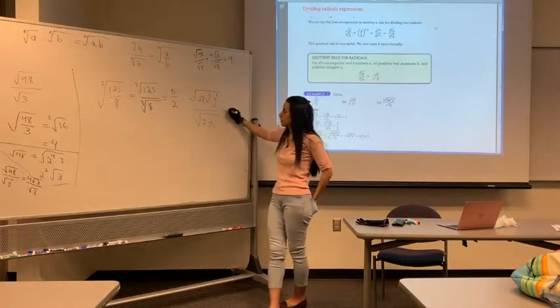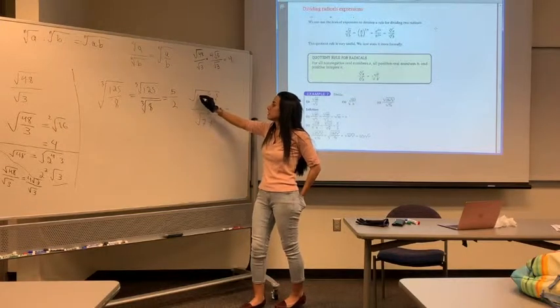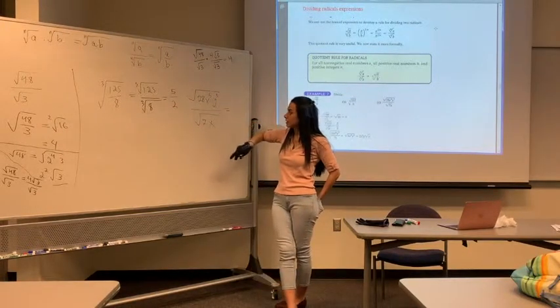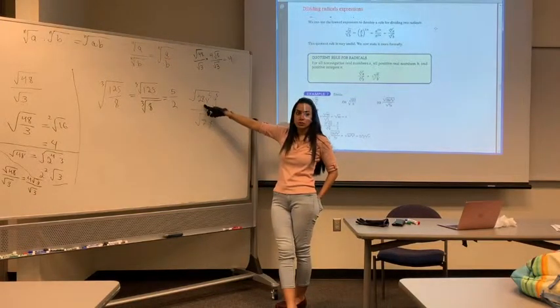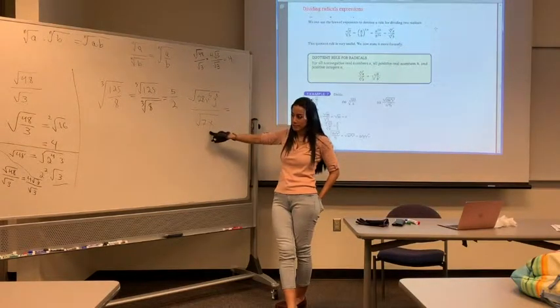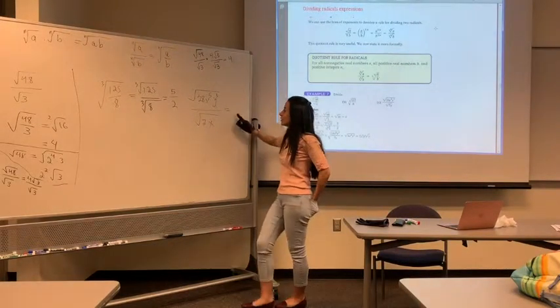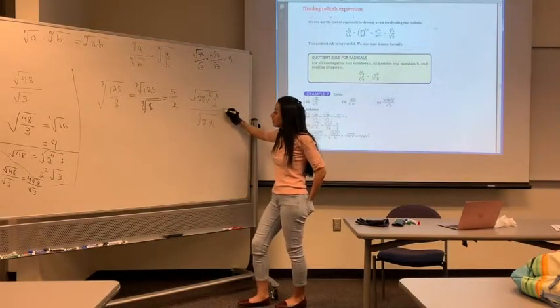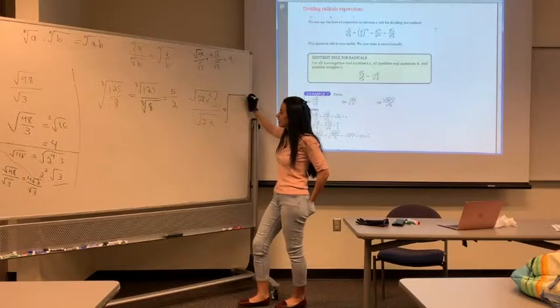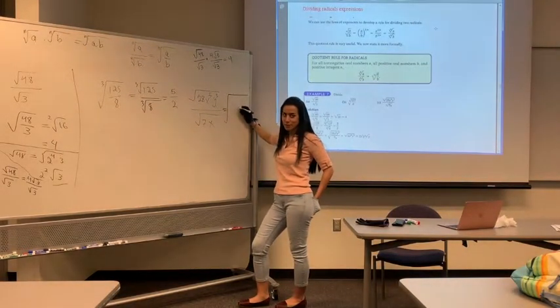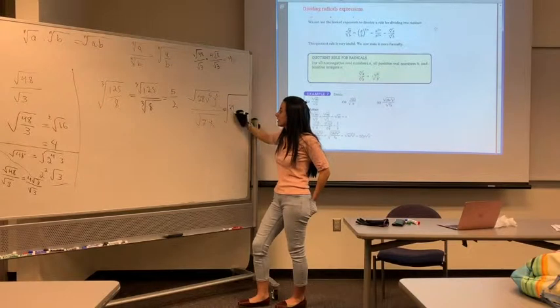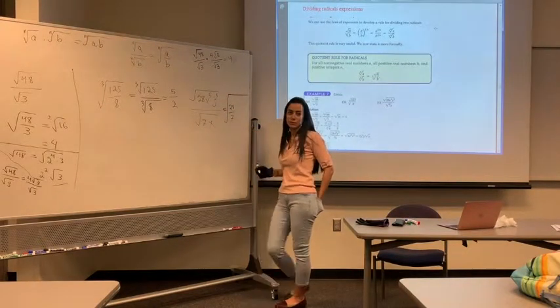So what about this one? There is something I see here: 28 can be divided by 7, right? 4 multiplied by 7, correct? So what I do, I say, okay, if I put everything under the same radical, I can at least divide these two, right?